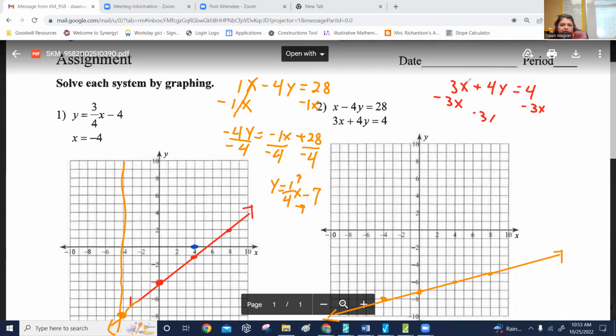Oh, sorry. Let me fix that. I get this cancels. I have 4y here equals. I can't combine these, so you put the negative 3x first. This 4 is positive, so I put a plus 4. I'm going to divide everything by 4.